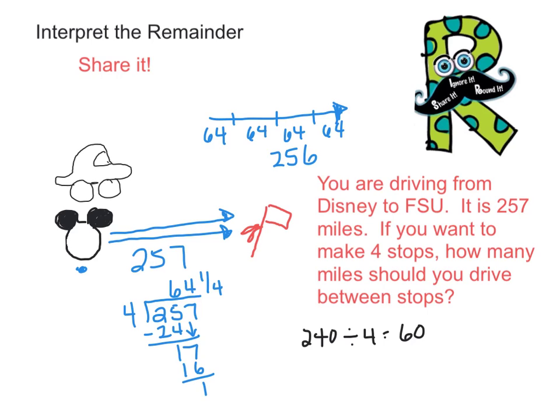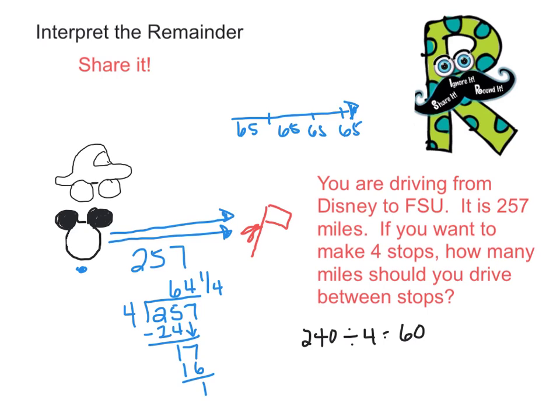If you round, so that's not the way to do it. Let's erase that. Okay, if you round, now here's what it looks like rounding. That means you would round up to 65. So we have 65, 65, 65, 65.